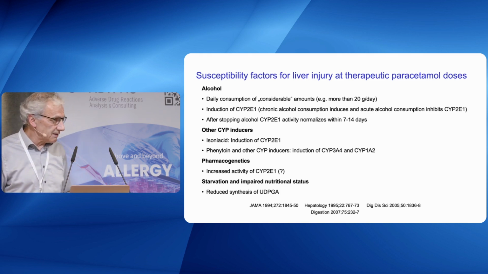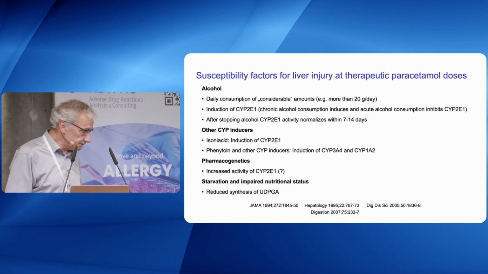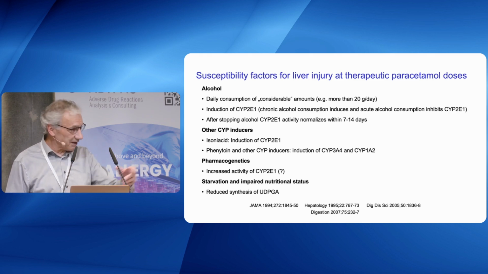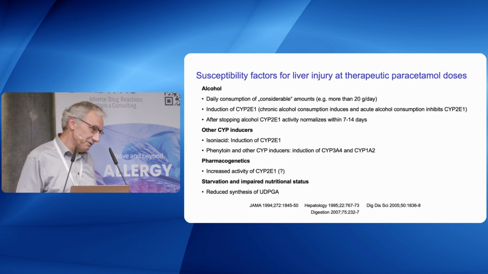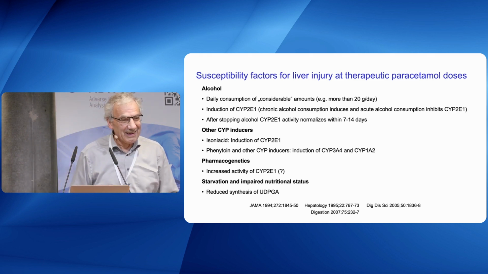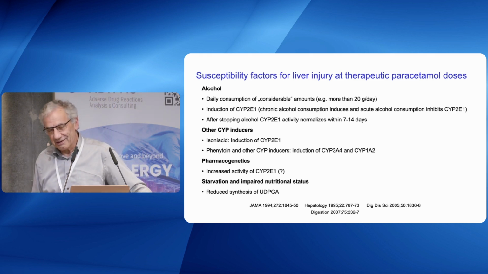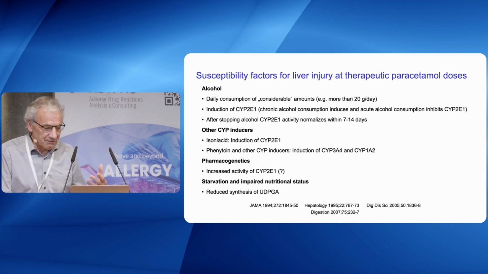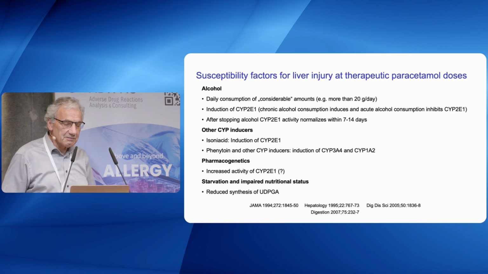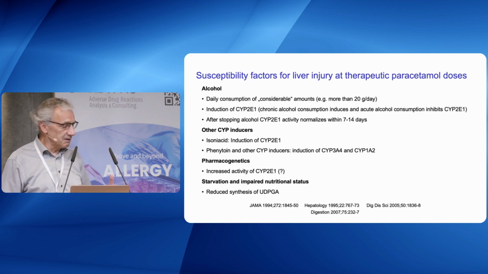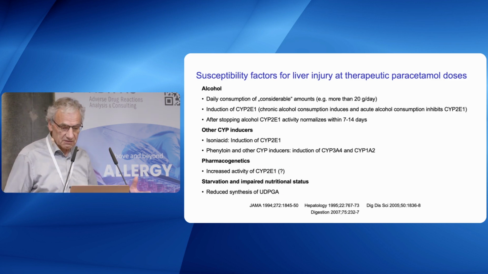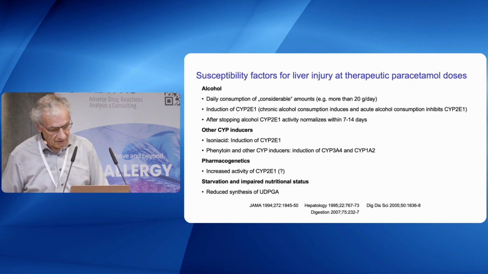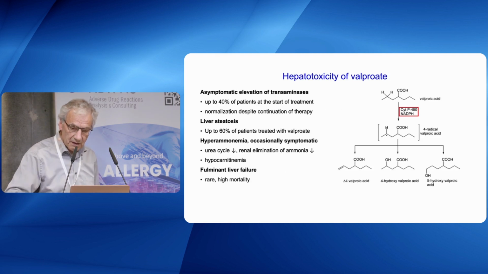And pharmacogenetics, this has not been shown. So this is speculative, not so much as you are, but a little bit. But there are pharmacogenetic variants which increase the activity of CYP2E1, and this may be the cause why, even when you don't drink too much alcohol, you can develop a toxicity of paracetamol at therapeutic doses.